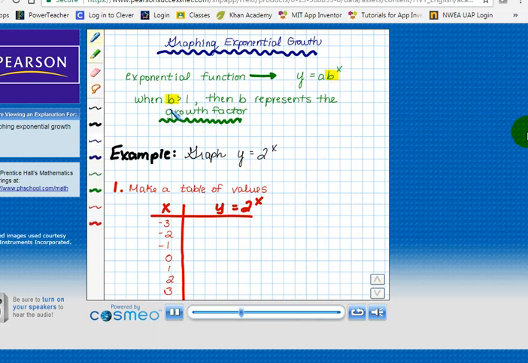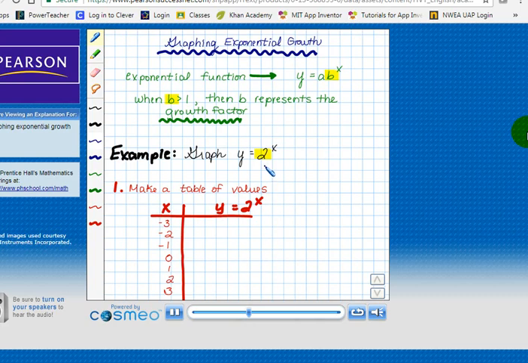Because in your equation, when b is greater than 1, then b is going to represent what's called the growth factor. An equation will be one in which we can graph exponential growth when the base is greater than 1, as in our example here. Here we have a growth rate. Our base b is equal to 2, so the growth factor is 2.